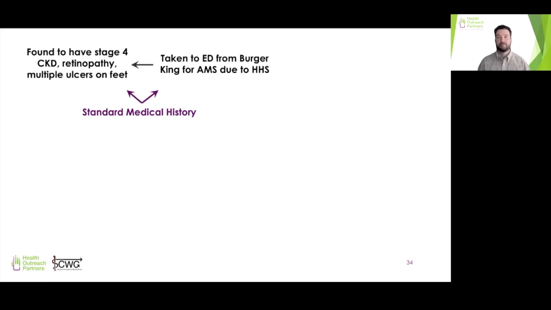We know that this patient was taken from a Burger King due to altered mental state, and she has uncontrolled diabetes. She's brought to the emergency department, where she has a myriad of issues.